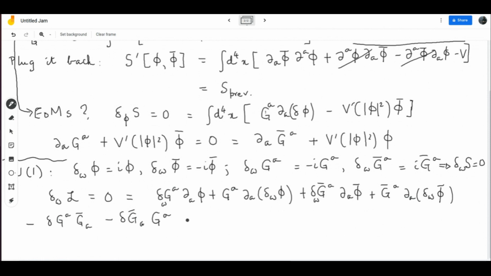Okay, so now what we see is that we are only interested in the derivative terms because that alone will lead us to the conserved current. The rest will be equation of motion.